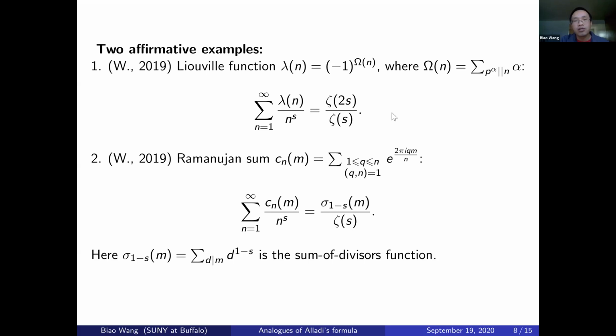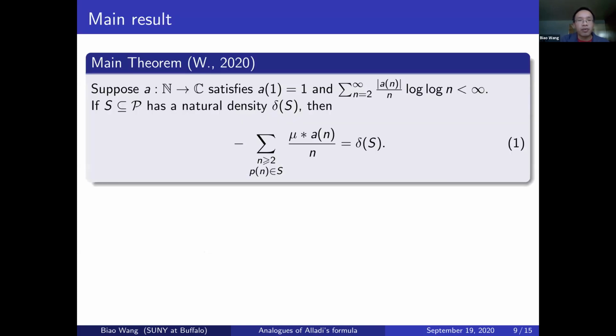From their Dirichlet series, we can see that those two functions are Dirichlet convolutions of the Mobius function and some good arithmetic functions. So my goal is to study general arithmetic functions. That's what I did this year.